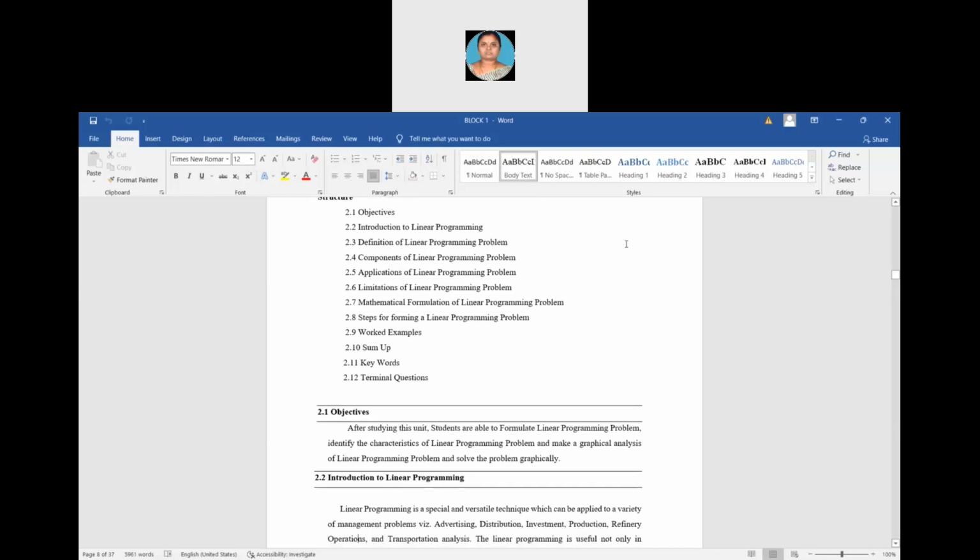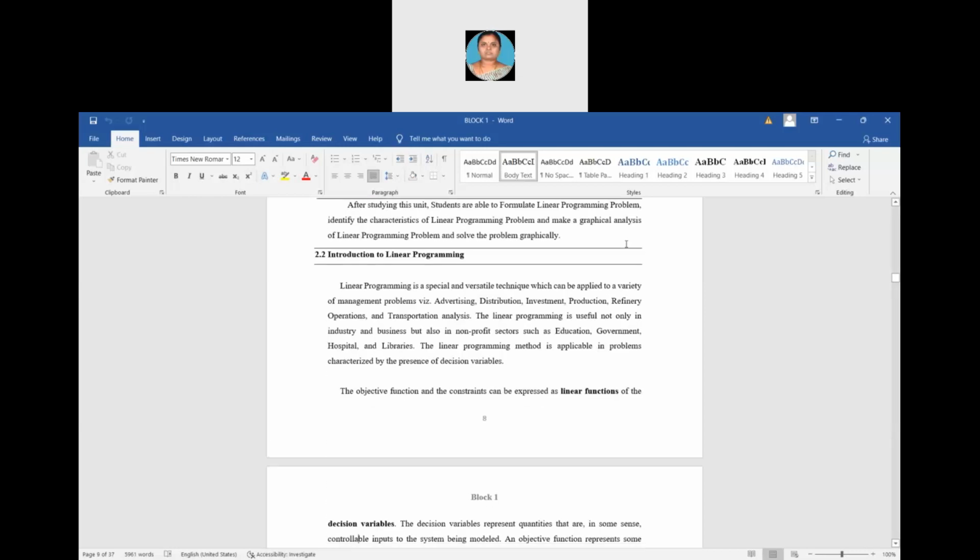Now we can come for introduction. That is, what are all the things needed for that linear programming. Linear programming is a special and versatile technique which can be applied to a variety of management problems. That is advertising, distribution, investment, production, refinery, operations, and transportation analysis. For all these types, we can use a linear programming model and solve the objective function, we can get the solution.